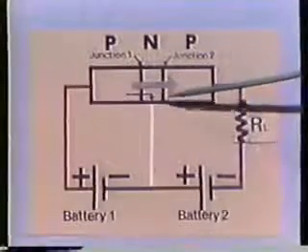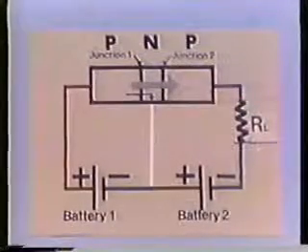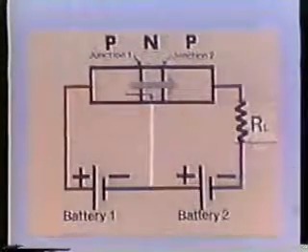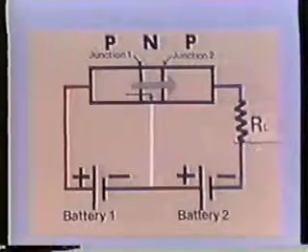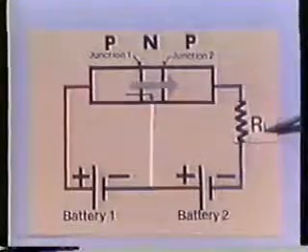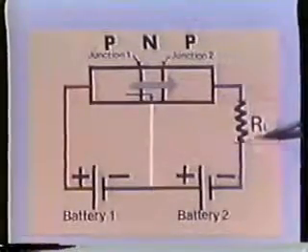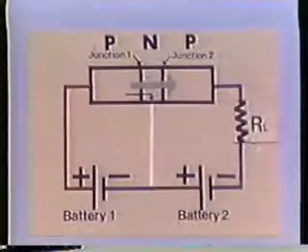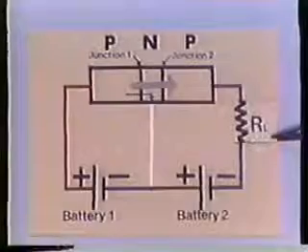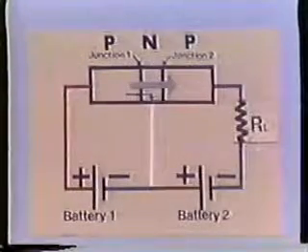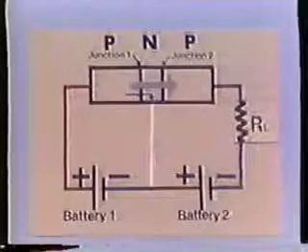We call this the load resistor and designate it R sub L. Any change in current through Junction 2 will cause a like change in current through R sub L, and a corresponding change in voltage across R sub L will occur. This change is called amplification, and this is the way a transistor amplifies.